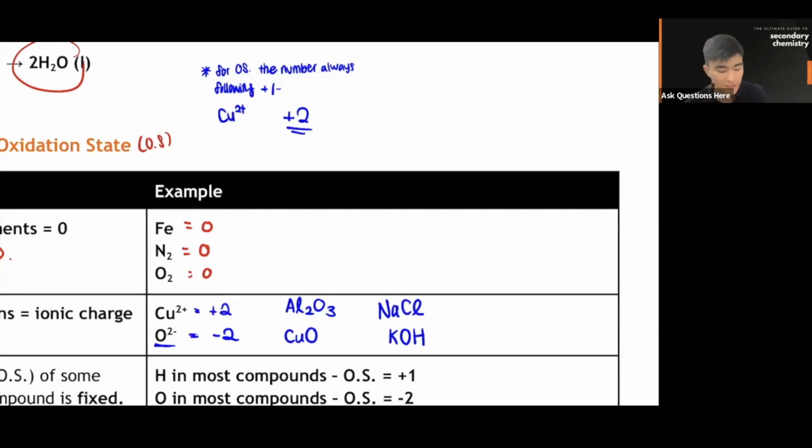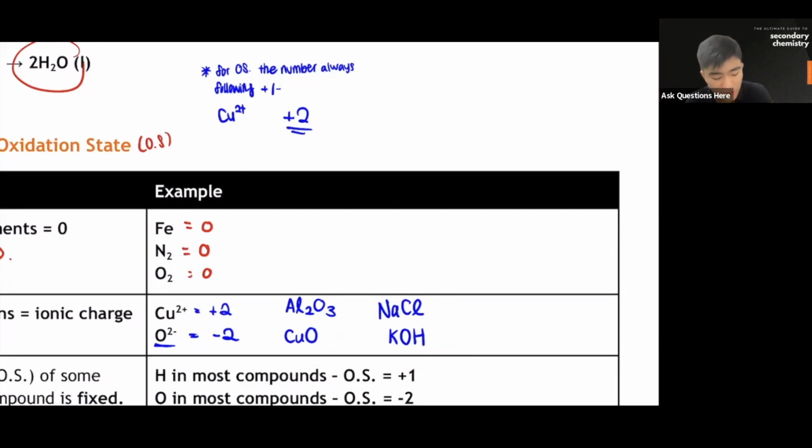I give you 4 over here: 1, 2, 3, 4. Can you please write this down onto your paper and try to find out the oxidation state of each element in each of the compounds.